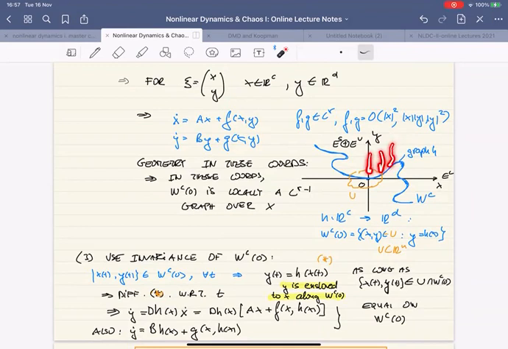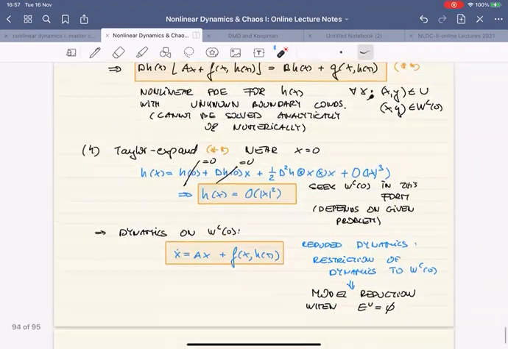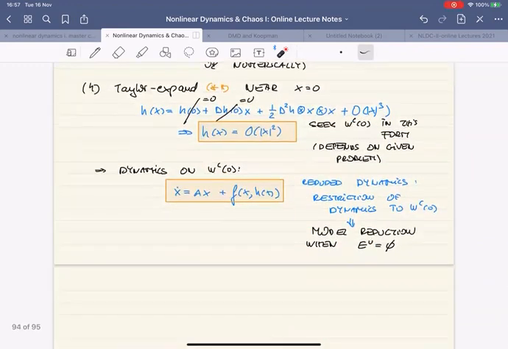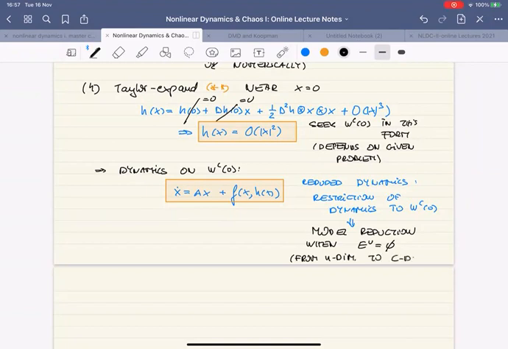So you will actually be running towards this manifold. Whichever way is not that important, but then ultimately it's enough to understand what happens here, especially when you're near the origin and you know really what the manifold does. Okay, so that then leads to model reduction. And it's the dimension from n dimensions to c dimensions, right? And that can be significant.